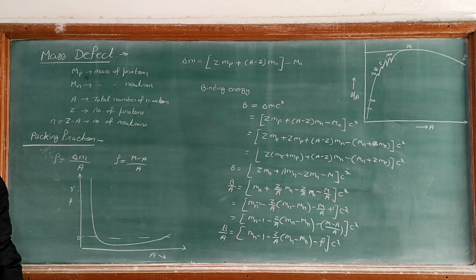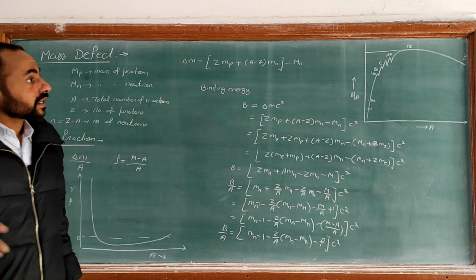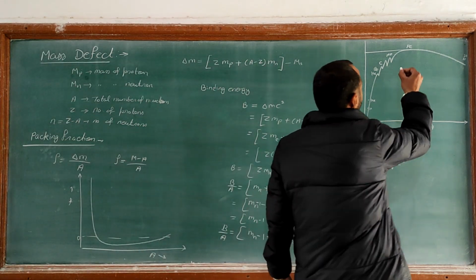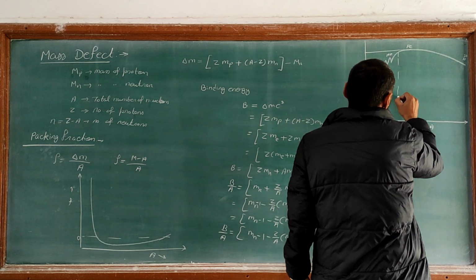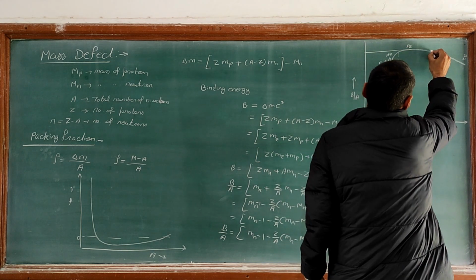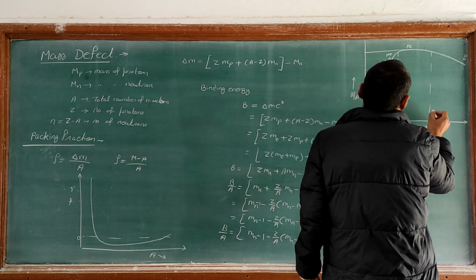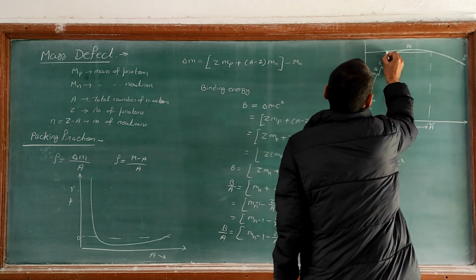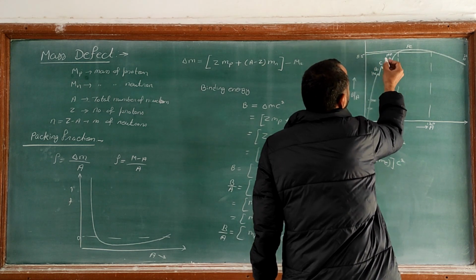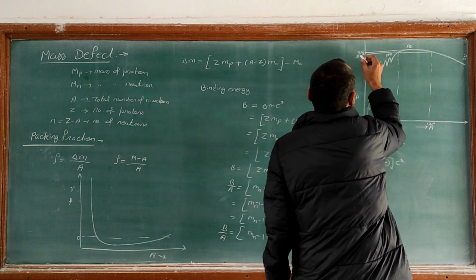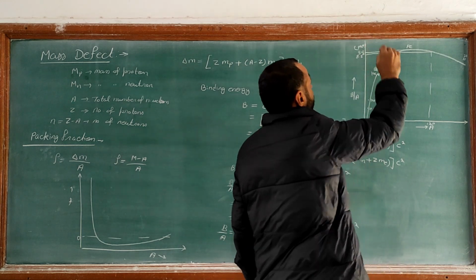Then the curve has a broad maximum, corresponding to the value of 8.5 MeV per nucleon in the range of 40 to 120 mass number, and this is maximum for iron, corresponding to 8.8 MeV.